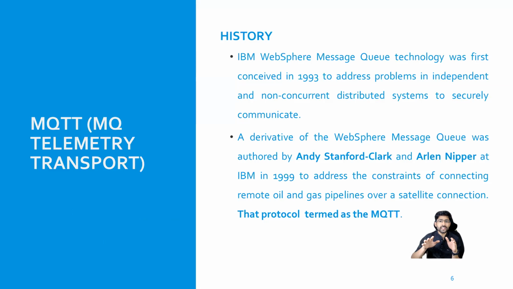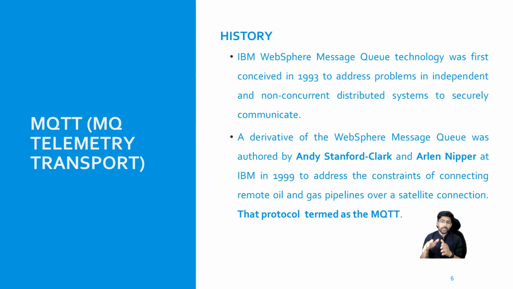So let us understand the historical perspective of the MQTT protocol. Now MQTT is an open source protocol, but initially it was not open source, right? The tech giant IBM gave the name WebSphere Message Queue technology, which was first conceived in 1993 to address problems in independent and non-concurrent distributed systems to securely communicate, right?